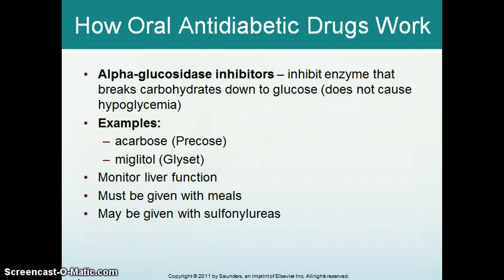Examples here include acarbose, miglitol. While taking these medications, monitor liver functions. They must be given with meals and may be given with sulfonylureas.